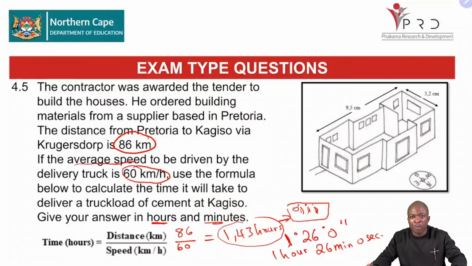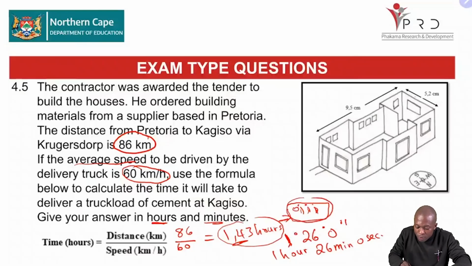Once you press the SD button, what will you see on the calculator? You will see 1.43. They want it in hours and minutes. Press that small button which has this kind of symbol, a 0 with apostrophes. Press that button and you get your answer to become 1 hour, 26 minutes.